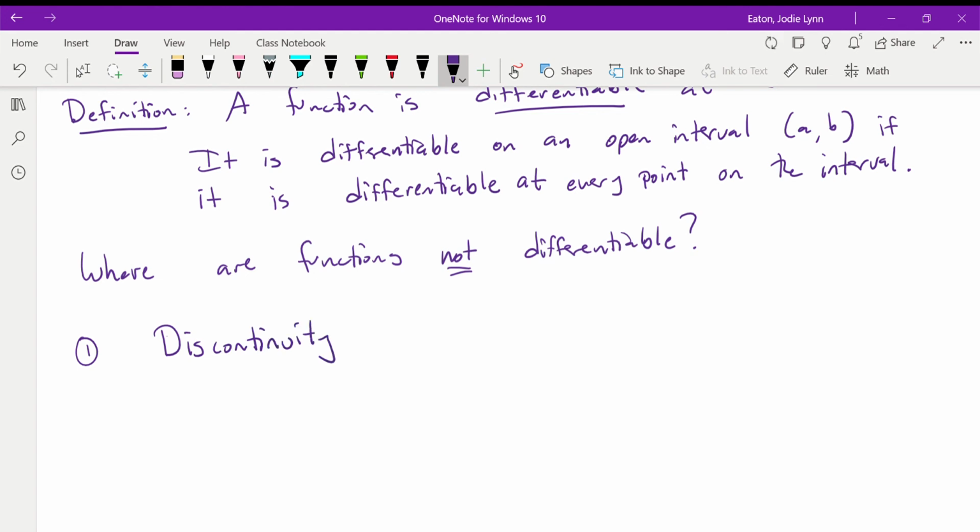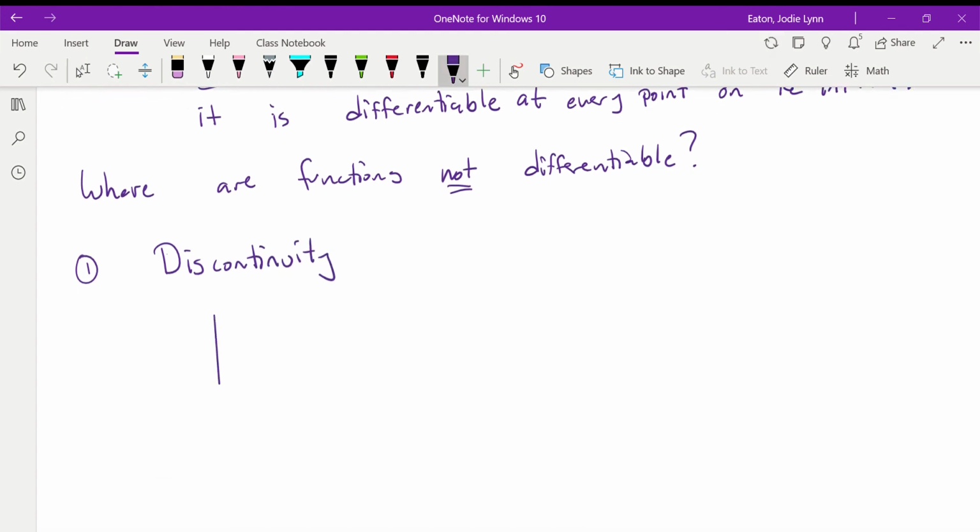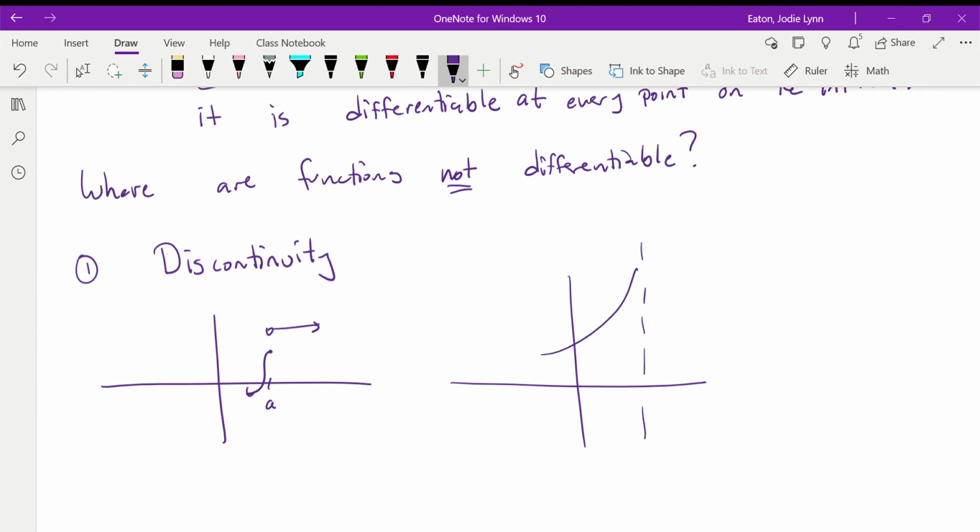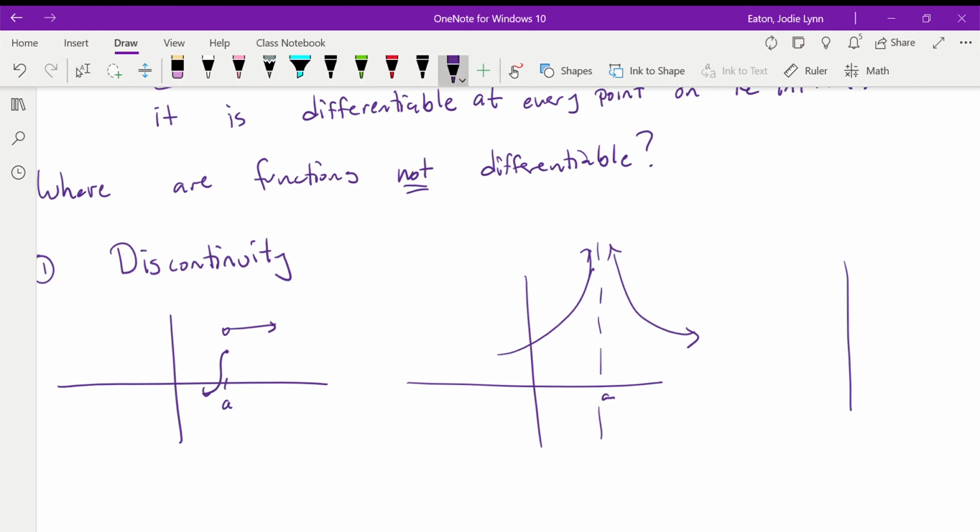It doesn't matter whether it is, we're going to call our point A for all of this, a jump discontinuity, or an essential discontinuity where we have some kind of asymptote, or even if it is just a removable discontinuity. Even if you have a removable discontinuity like that, it is not differentiable at this point.